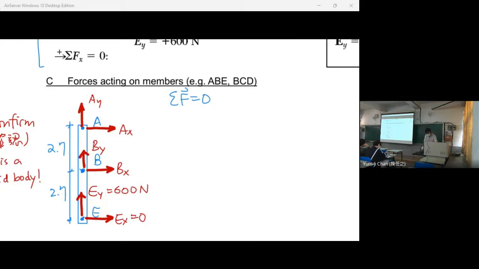So we have summation Fx equal to 0, positive to the right, and summation Fy equal to 0, positive going upward, and summation M equal to 0. Let's say we take a point, which point? Let's say Mp equal to 0. Counterclockwise is positive.